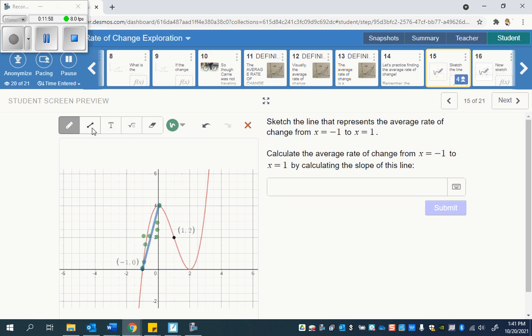This was supposed to, hold on. This was supposed to go to 1, like that, right? No, here's 1 here. My goodness. Thank you all. I'm like, why is that not working out?